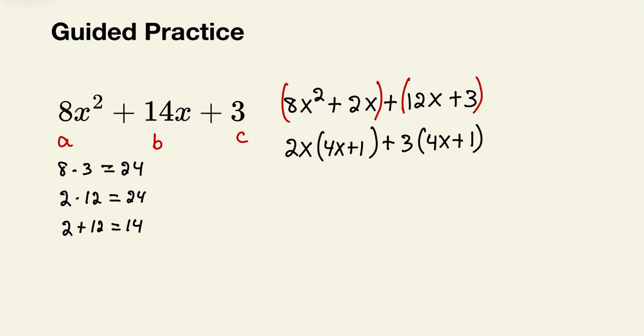All right, so of course you're going to place 2x plus 3 in parentheses. So we have 2x plus 3 times, and you're going to factor out the common binomial, 4x plus 1.